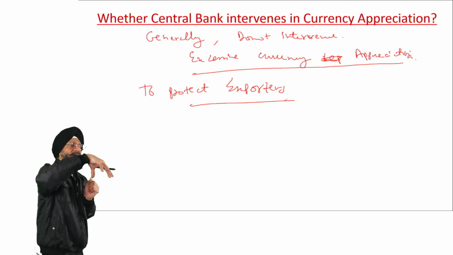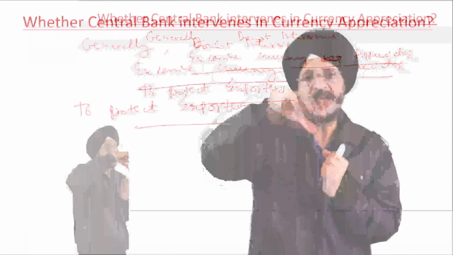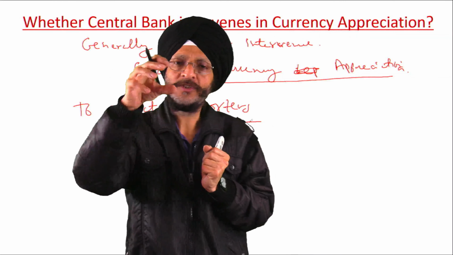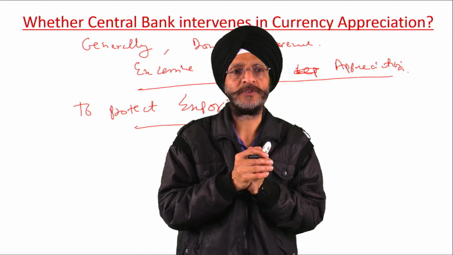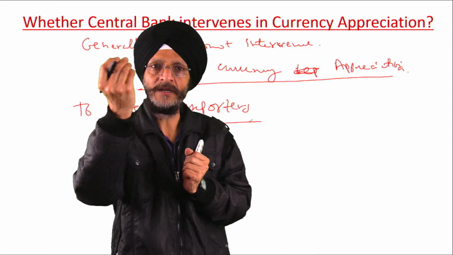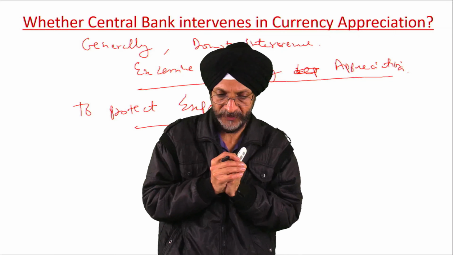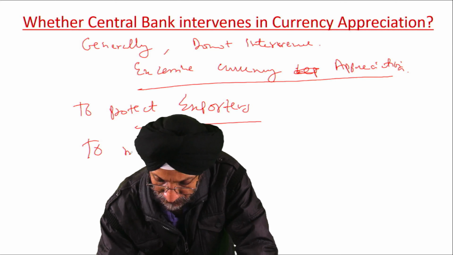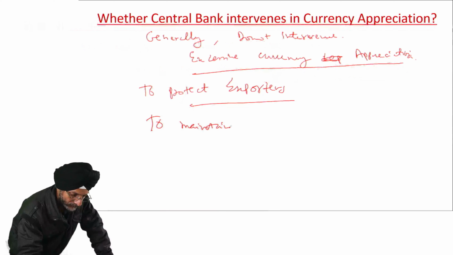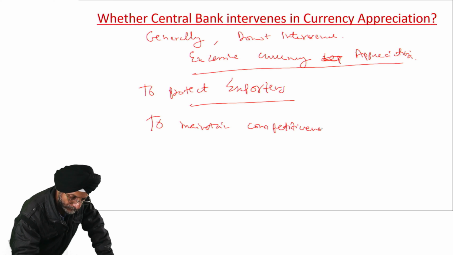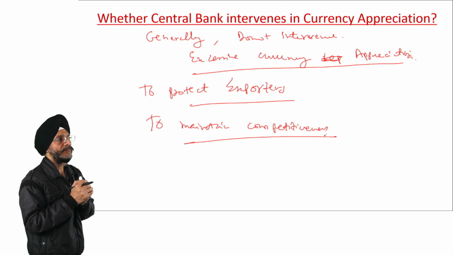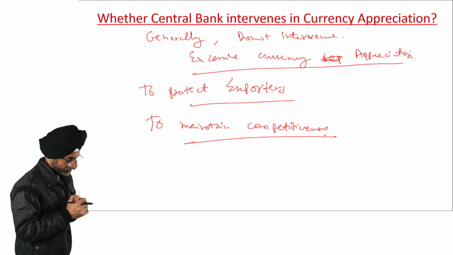So the exports of that country are adversely affected, and it also results in job losses in the sectors involved in exports. So to protect exporters, the central bank does intervene in case of excessive appreciation. They also intervene to maintain export competitiveness in the global market. To remain competitive in the export market, they intervene.